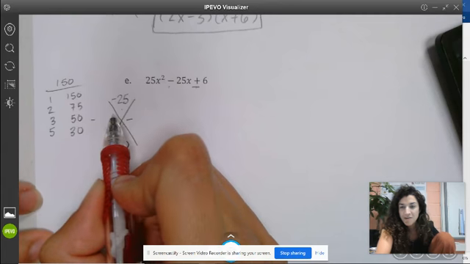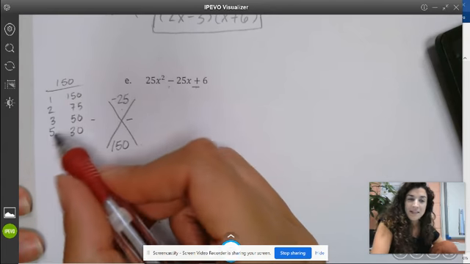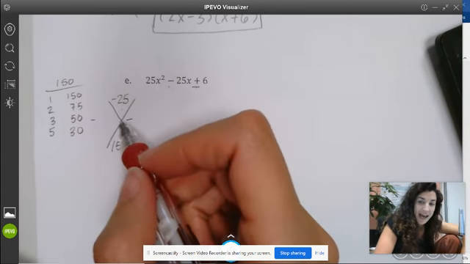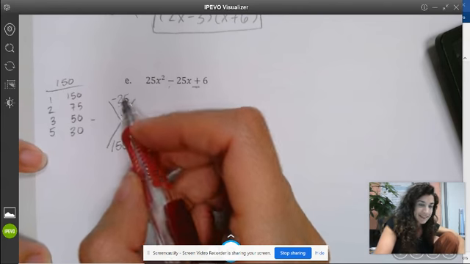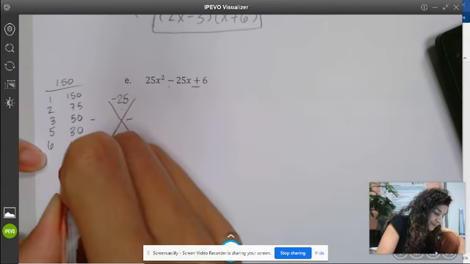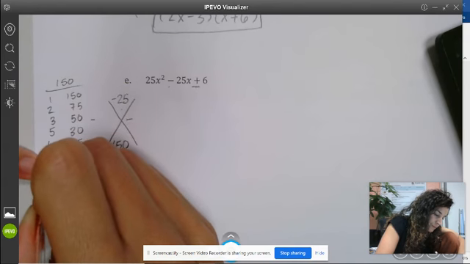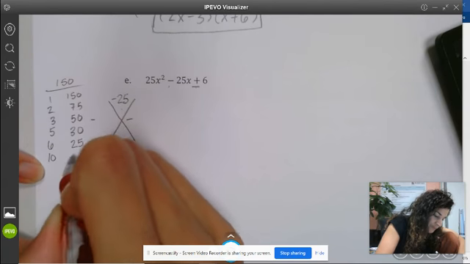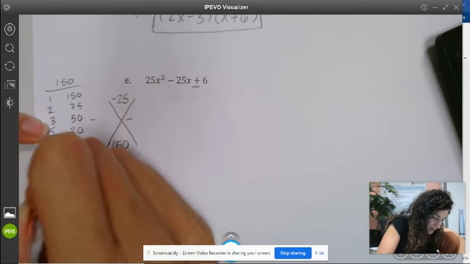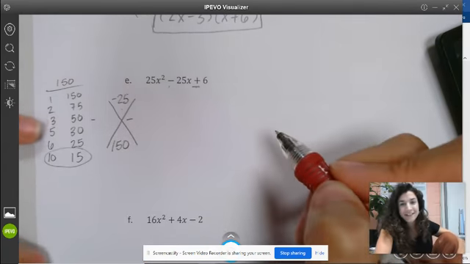For a second, I was like, oh, that's going to add to 25, and it won't, because it'll subtract to 25, and we want them to add to 25. And there we go. 10 and 15.